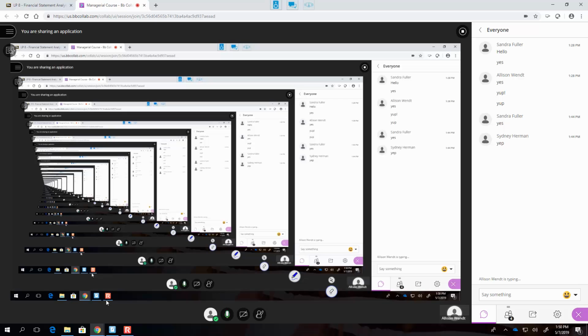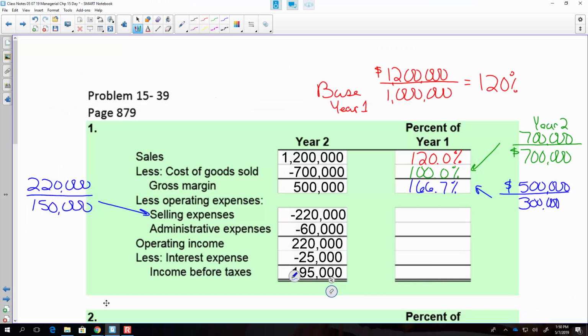I think it's 125? 1.46 repeating, all right. I'm just going to round that to the 10th then.